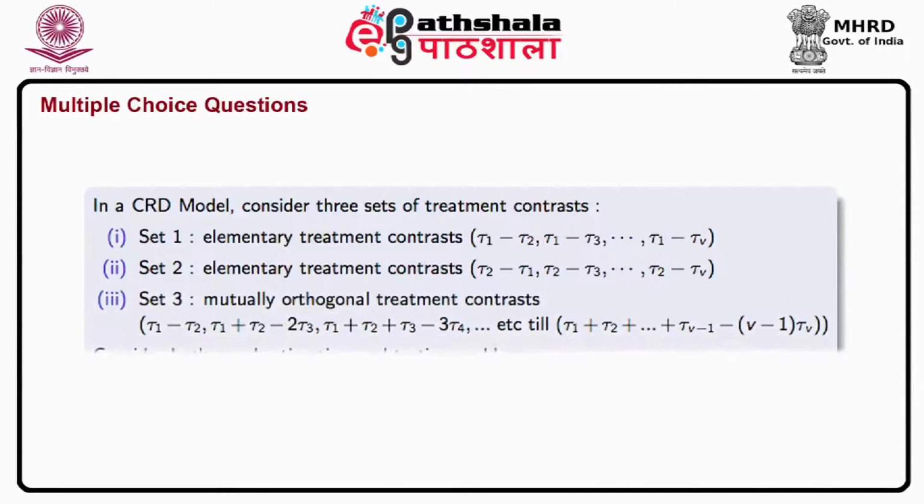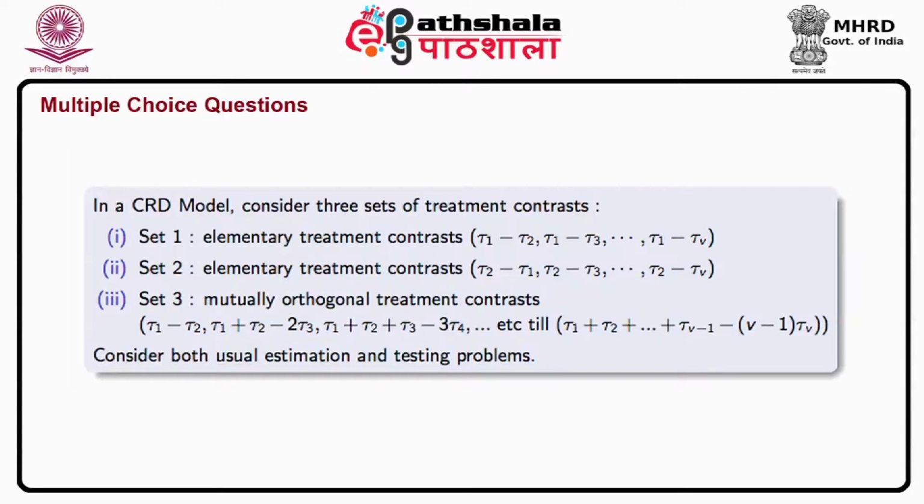And the third set is mutually orthogonal treatment contrasts: tau 1 minus tau 2, tau 1 plus tau 2 minus 2 tau 3, tau 1 plus tau 2 plus tau 3 minus 3 tau 4, and so on till the end. And we need to consider both the usual estimation and testing problems.